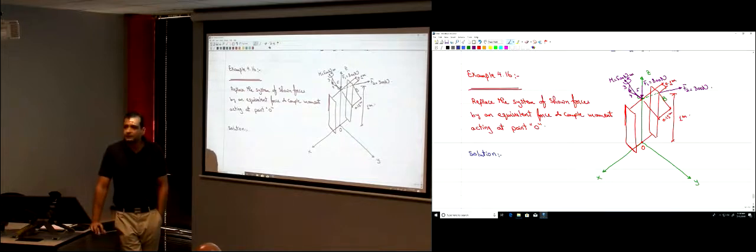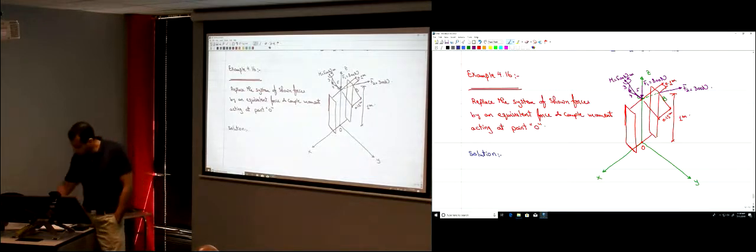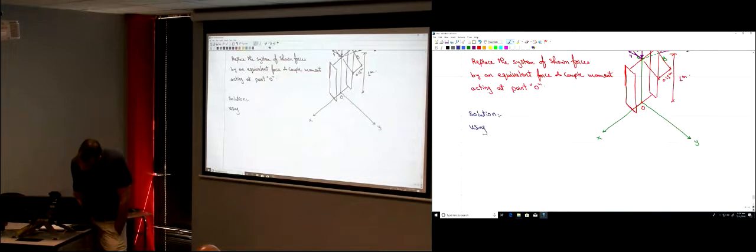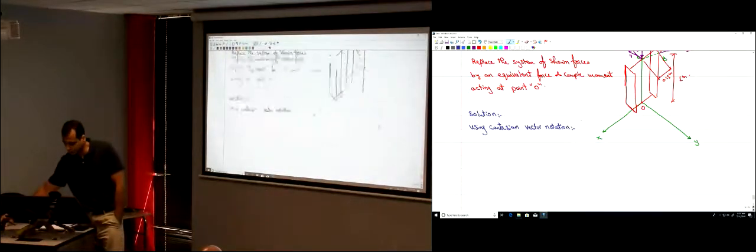So I guess here, Cartesian vector notation will be much easier. Okay? So now, using Cartesian vector notation, let's write the things that we have.